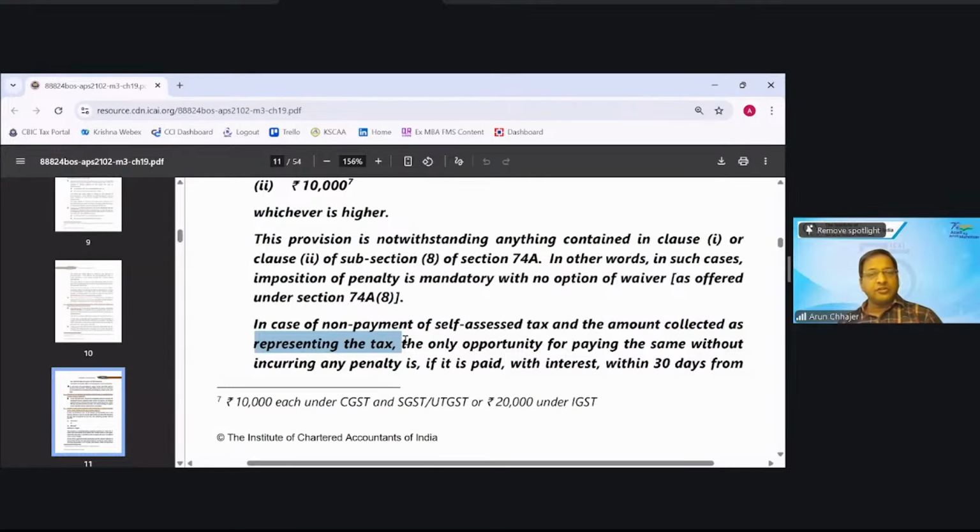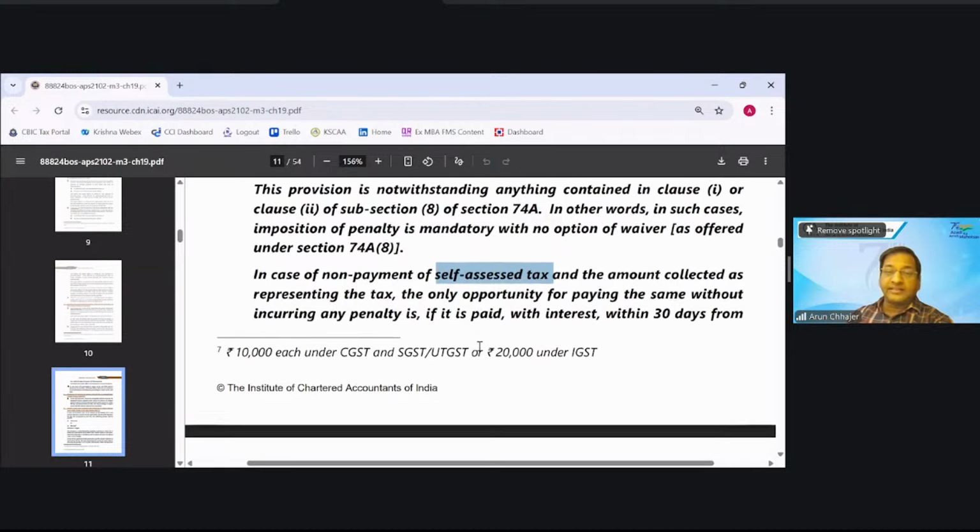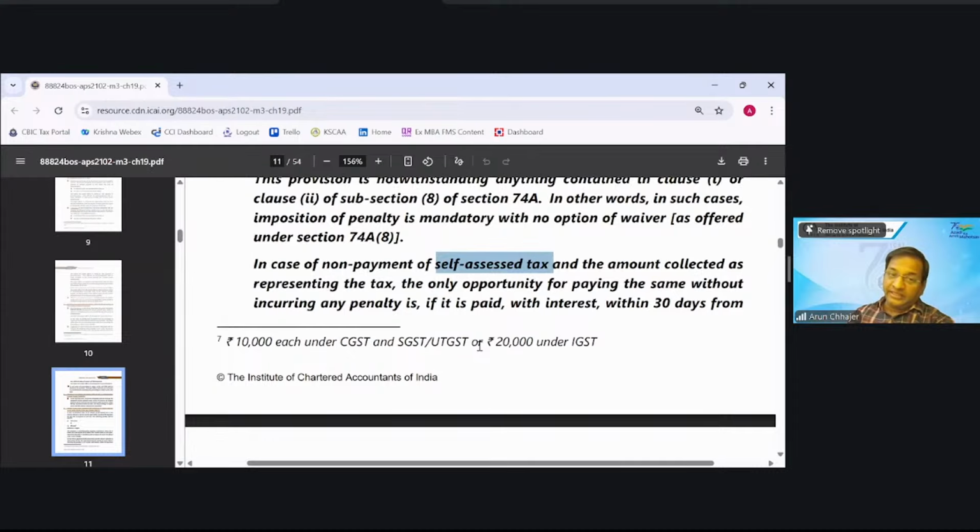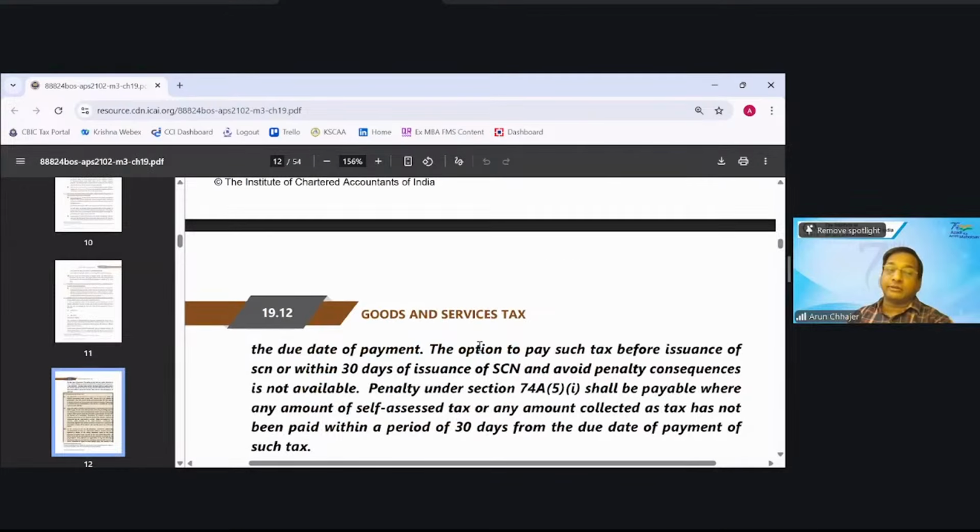Correct. So what is the self-assessed tax? Say for example, I'm making the supply which is chargeable to 5%. So whatever the tax I have collected, I have not paid to the government. That is self-assessed tax, but not paid to the government. The only opportunity for paying the same without incurring any penalty is if it is paid with interest within 30 days from the due date of the payment.